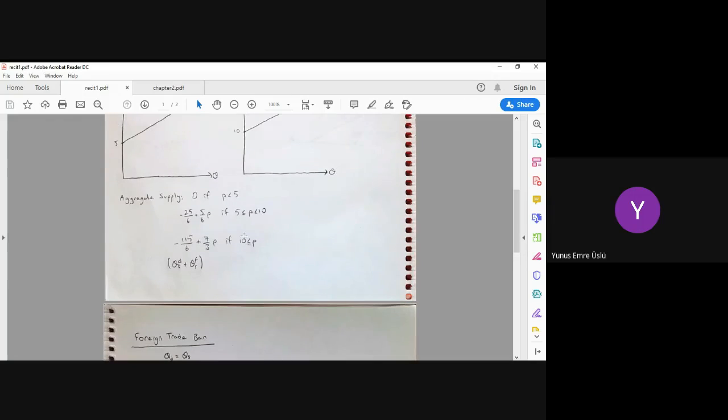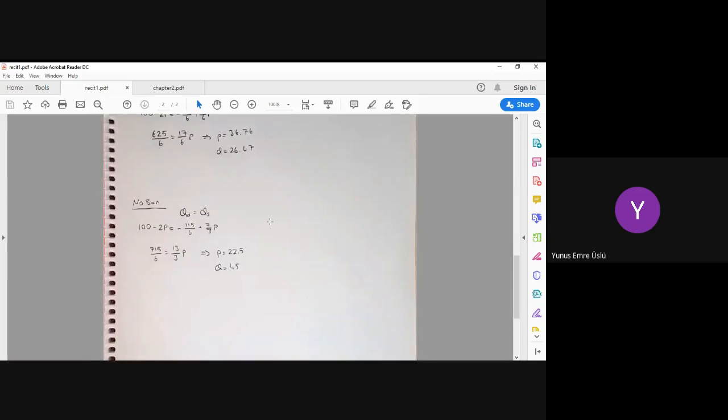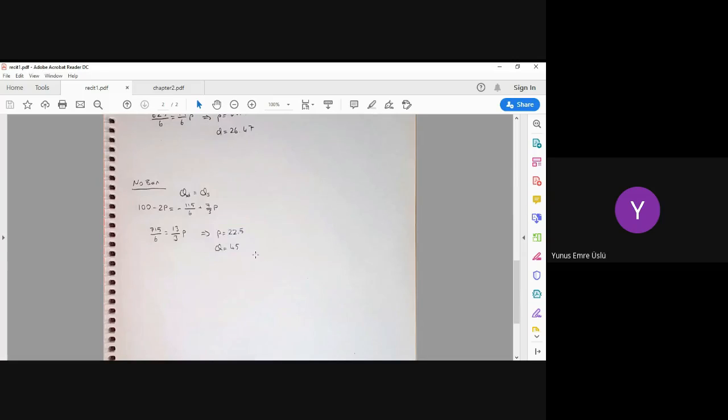And for the supply, P is greater than 10, so we are on the aggregate supply equation, the one we used to find the equilibrium. So we are good for both demand and supply sides. And these numbers are our equilibrium answers.